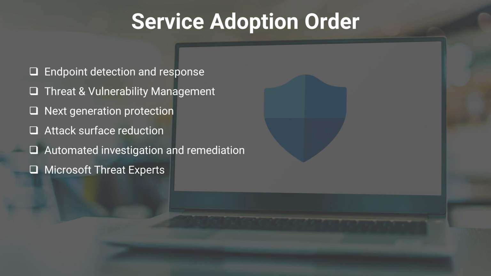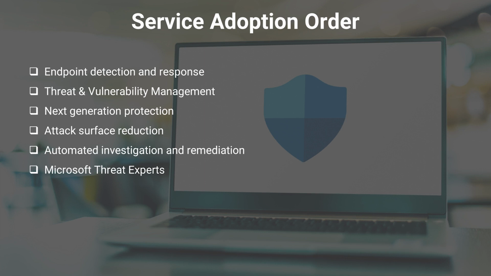Second in the Service Adoption Order is Threat and Vulnerability Management, which gives you insights into the current state of your endpoint devices and insights into vulnerabilities and misconfigurations in your security posture. Rank 3 in the adoption order goes to next generation protection, which, among other things, connects the endpoint machine and its Defender antivirus capabilities with the cloud, machine learning, big data, and other powerful capabilities.